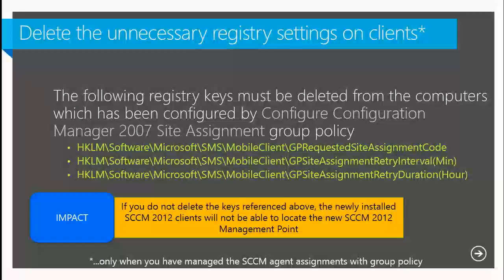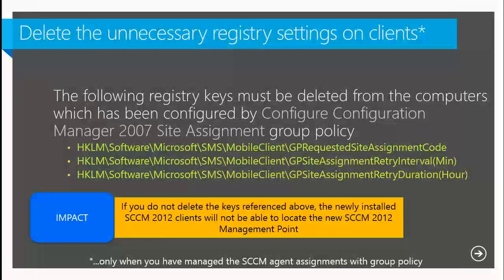Who is configuring the SCCM client assignment using group policy? If you set the group policy object to disable, there will be three registry key values which remain on the client side. I have listed these registry values, and you can find them in HKLM\Software\Microsoft\SMS\Mobile Client.